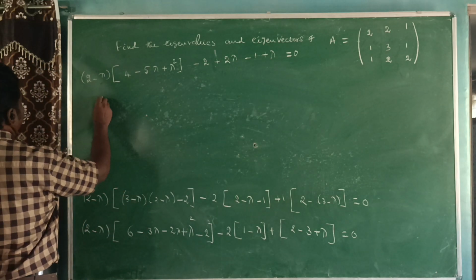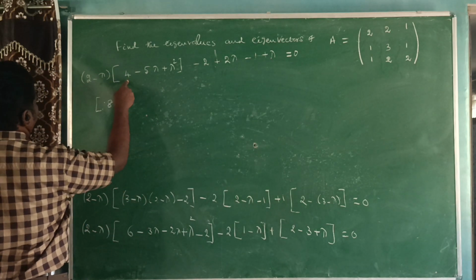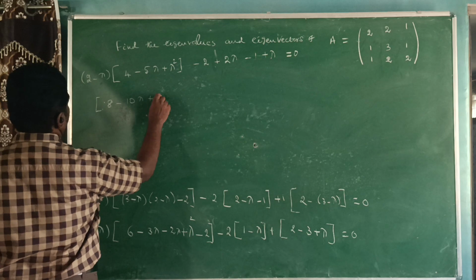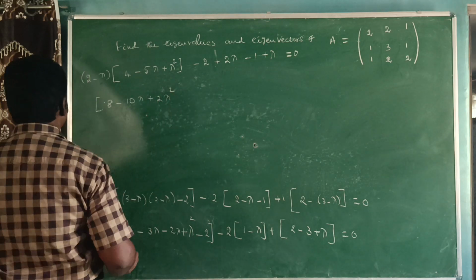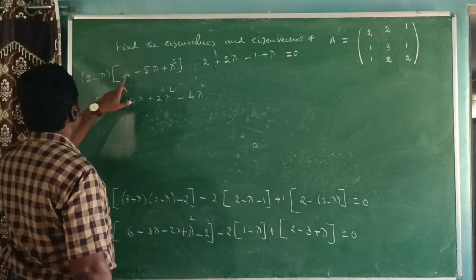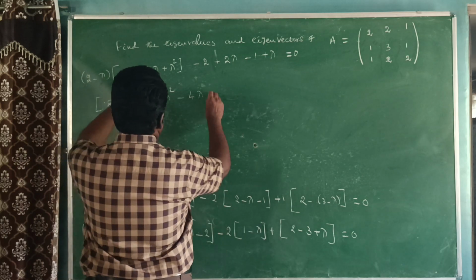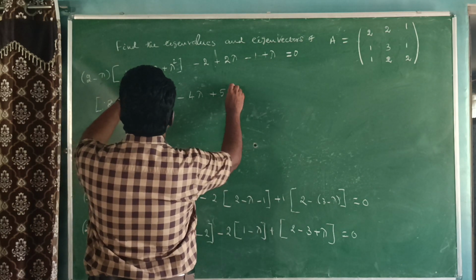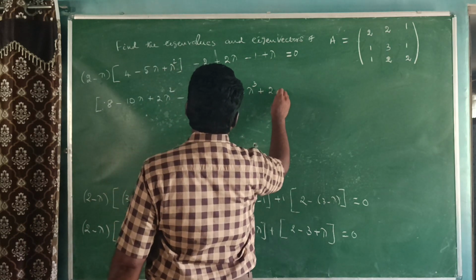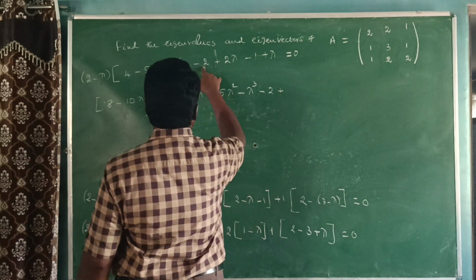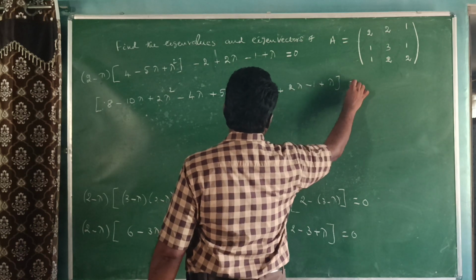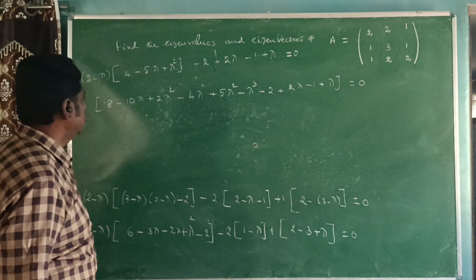Now multiply this. 2 into 4 is 8, minus 2 into 5 lambda is 10 lambda, plus 2 lambda square, then minus 4 lambda plus 5 lambda square minus lambda cube, plus 2... this is minus 2 plus 2 lambda, minus 1 plus lambda, the entire thing equal to 0. Now we have to align the terms.